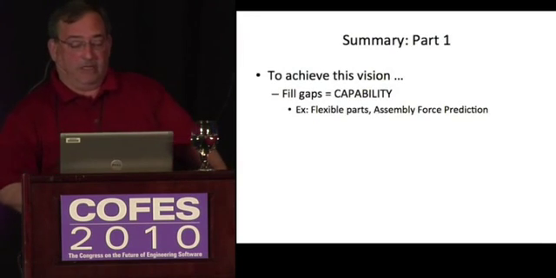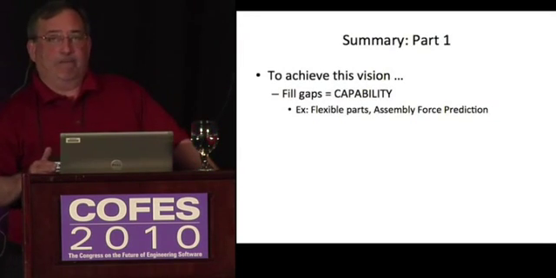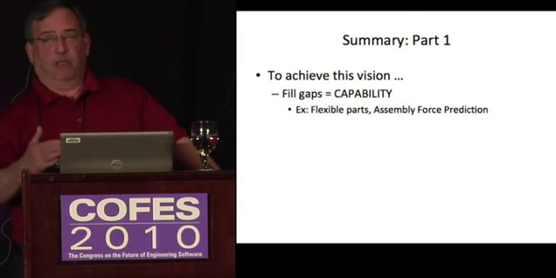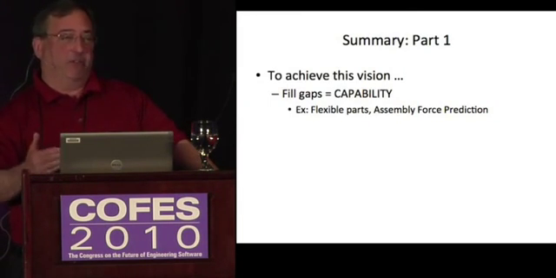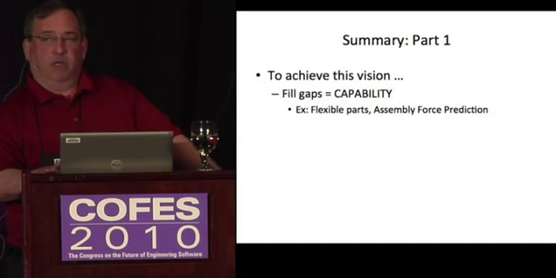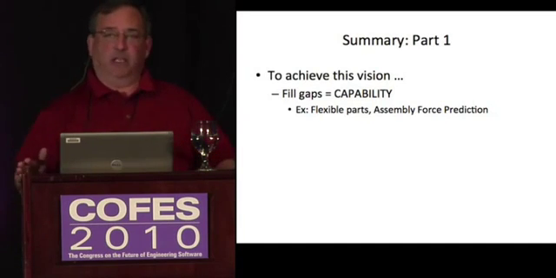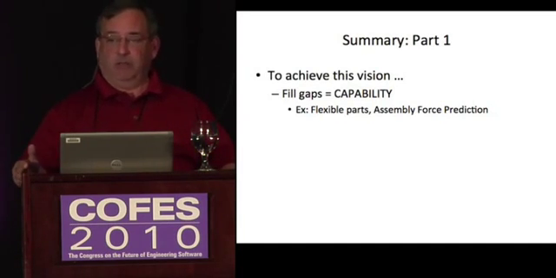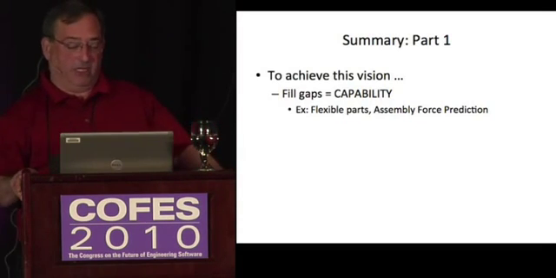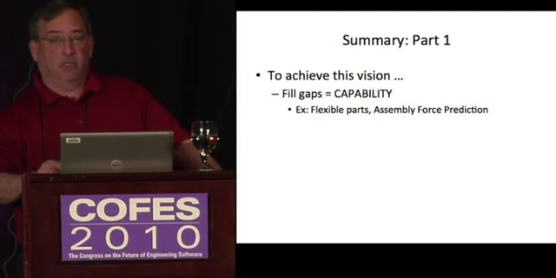So just quickly, with a summary, if that vision makes any sense, then there's a couple of things that we need to do. The first is we need to fill gaps in our simulation tool set, because we don't have the capability today to simulate some things that we would have to be able to simulate if I were going to run a virtual factory at that level of fidelity. And I gave two examples, but there are others. One is flexible parts.